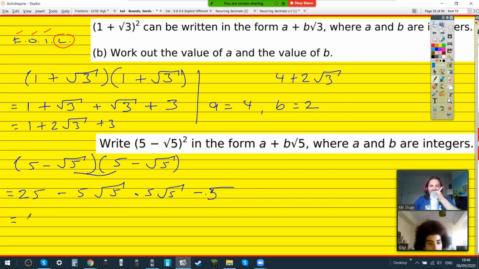What is minus 5x minus another 5x? It would be minus 10x. Squared is for multiplying. So it would be minus 10 root 5. So would be 20 minus 10 root 5.